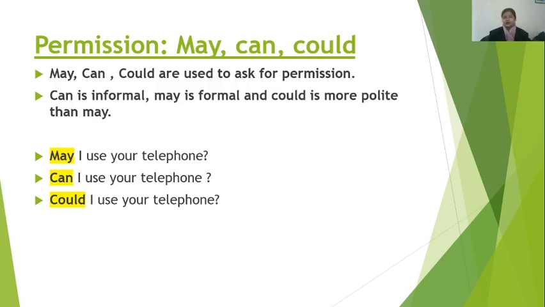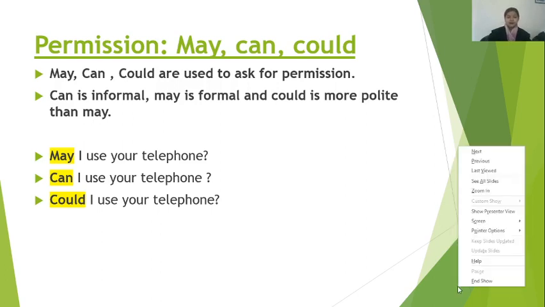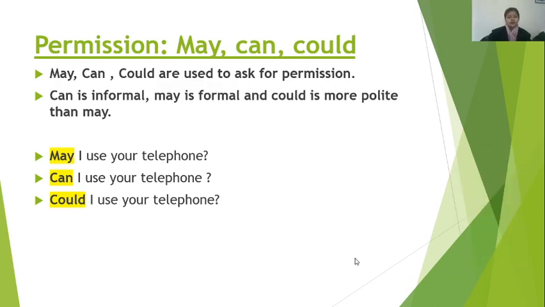May clears out that this permission is being taken from an elder person. So this is a formal way of speaking. Okay, now when I say can I use your telephone, so can clears out that you are talking to a peer person or a person that is younger than you. So this is informal way of asking for the permission.